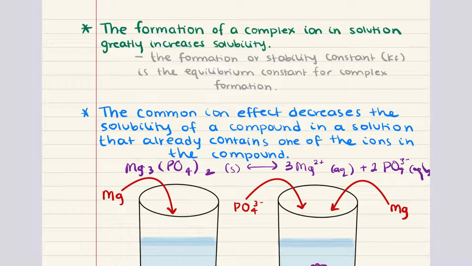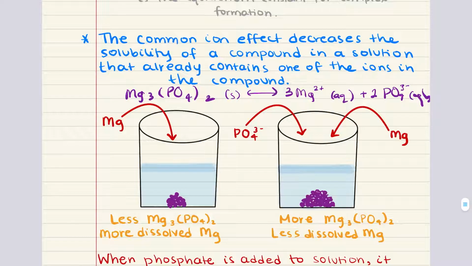Now, when this salt dissolves in water, it dissociates into magnesium ions and phosphate ions, and that means that we can write the solubility product constant to be equal to the concentration of the magnesium cations raised to its stoichiometric coefficient of 3 multiplied by the concentration of phosphate anions raised to its stoichiometric coefficient of 2.